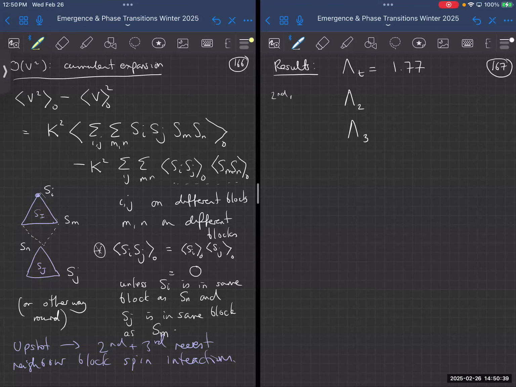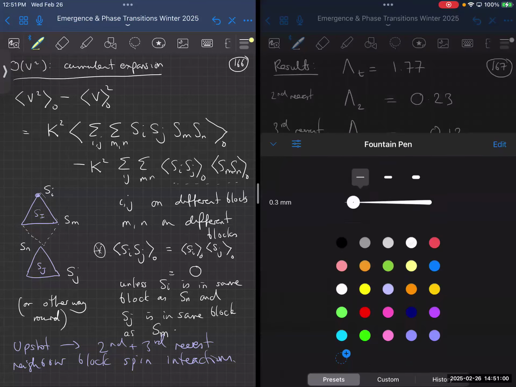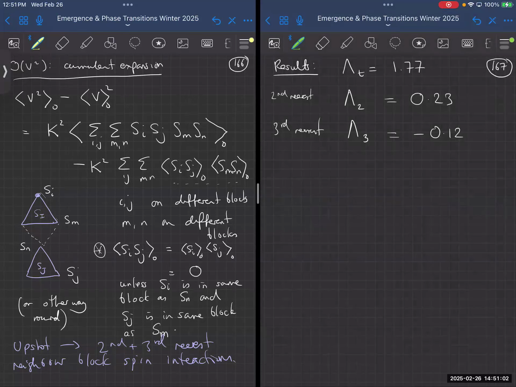This one is 0.23, and this one turns out to be minus 0.12. Why did I show you those? The point is that the magnitude of these eigenvalues is less than 1, and so these are irrelevant variables.